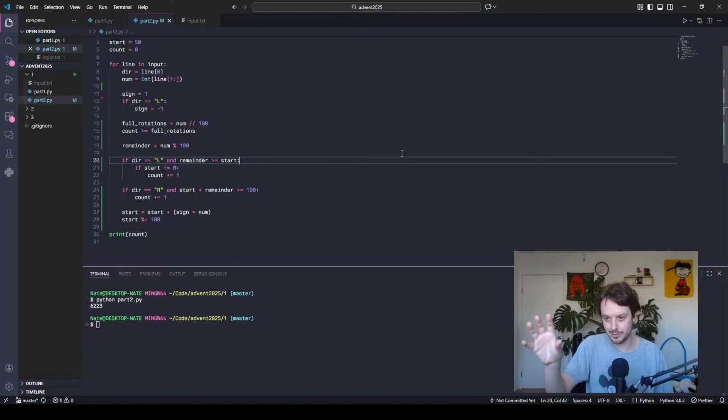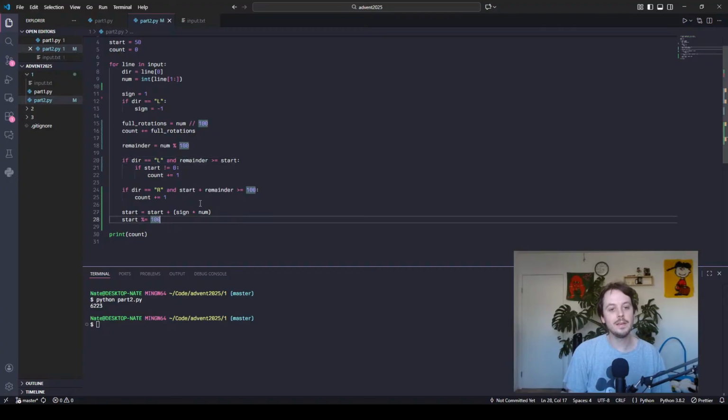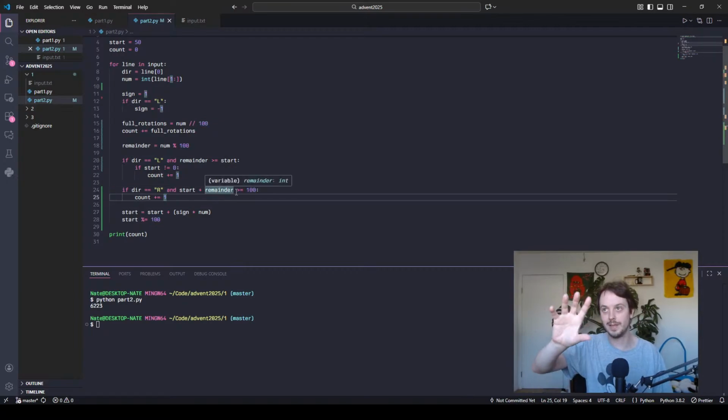If I start at 32 and I go to the left by 34, then I'm going to go all the way down to 0 and then 2 more. So I'm going to pass 0 one time. If we're going right, we're basically going the other way and seeing if we pass 100, which is where 0 would be. So if I start at 99 and I go 2 clicks to the right, I'm going 100, which is 0, increasing my count, and then going on to 101.